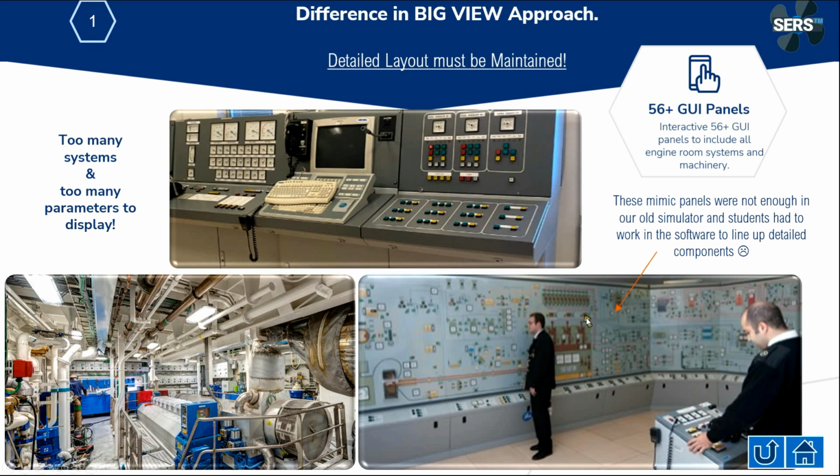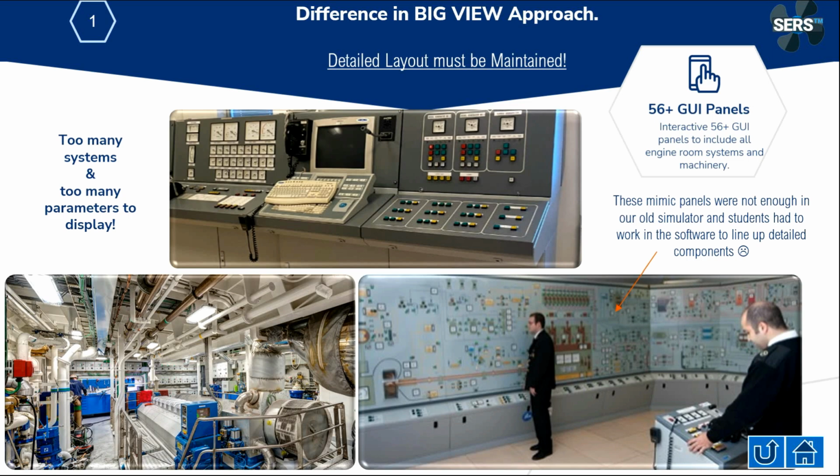In the lower right corner, you see that there is a mimic panel. We had this simulator 20 years ago, and these mimic panels, even though they look complex in this view, were not enough to completely detail the software version of the simulator.